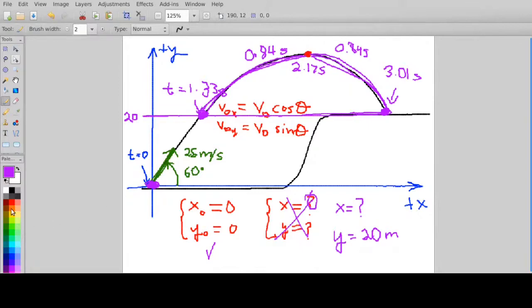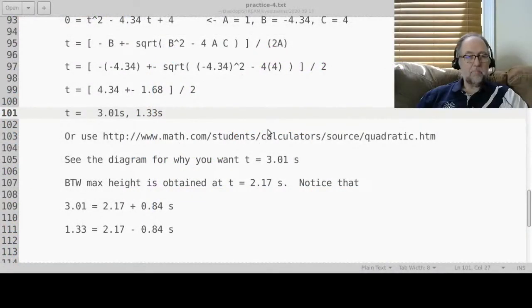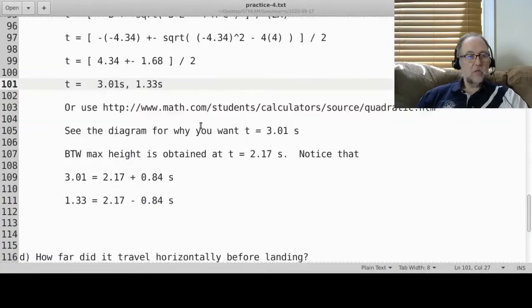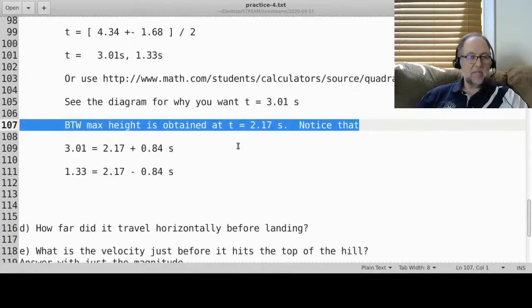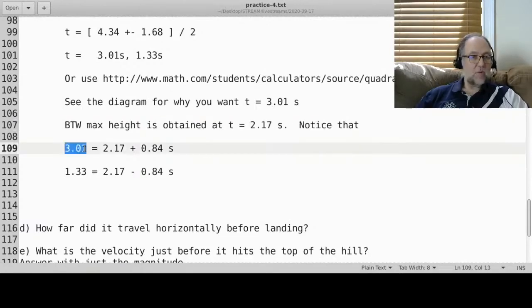So if I switch back, I'll show you how I got that 0.84 seconds. Over here, you could say, by the way, maximum height is obtained at 2.17 seconds. Notice that the 3.0 seconds could be written as 2.17 plus 0.84, and I got the 0.84 by just subtracting 3.01 minus 2.17.